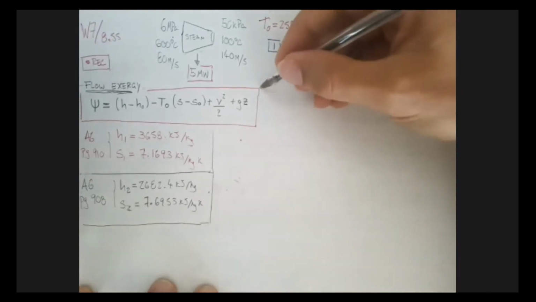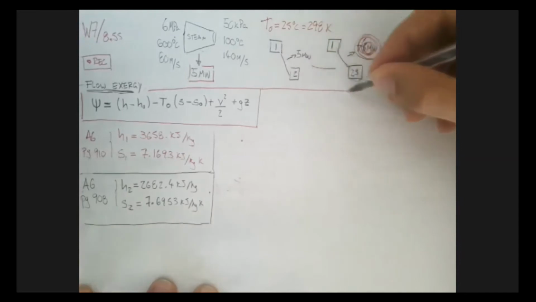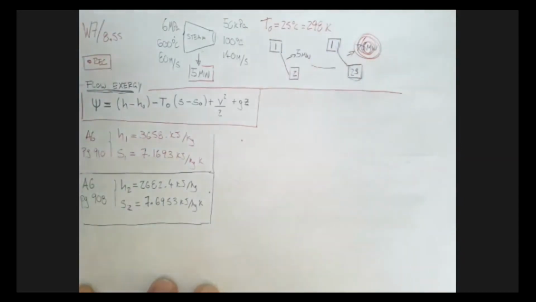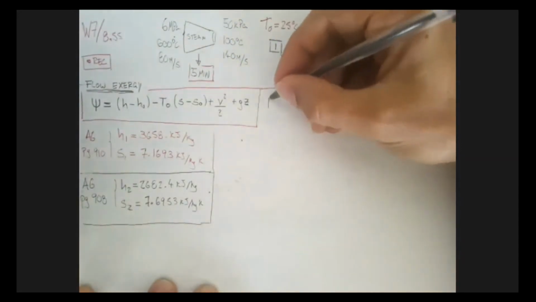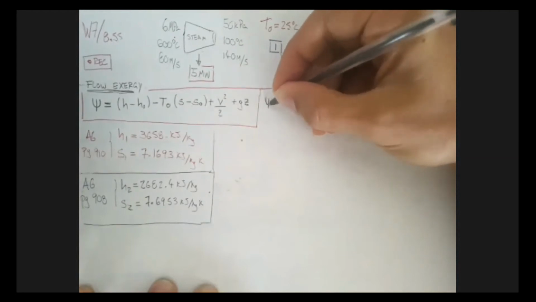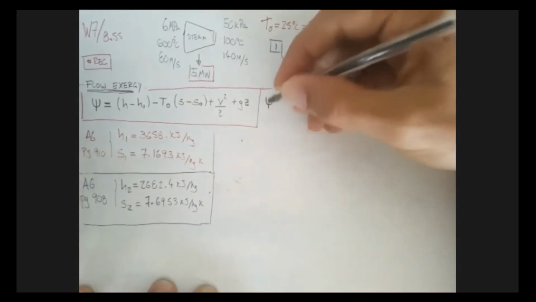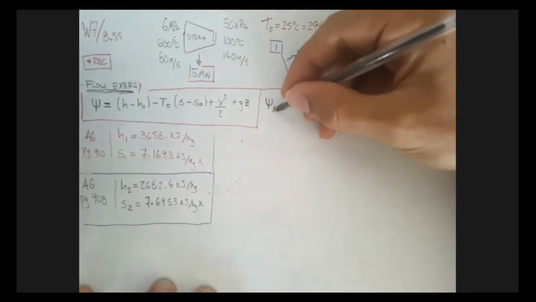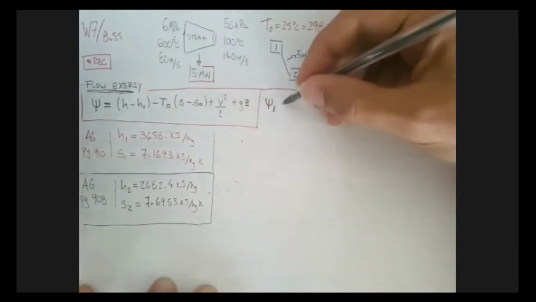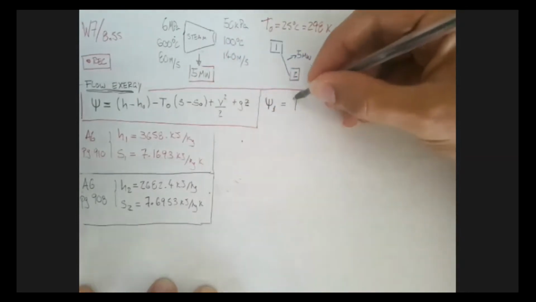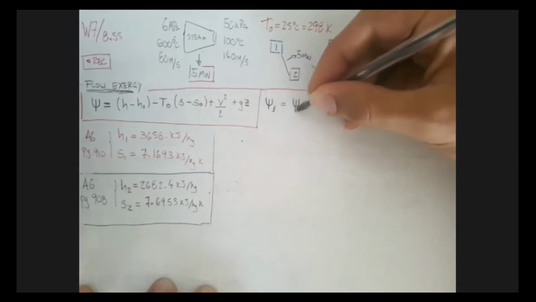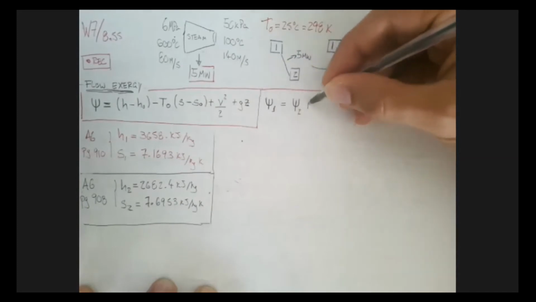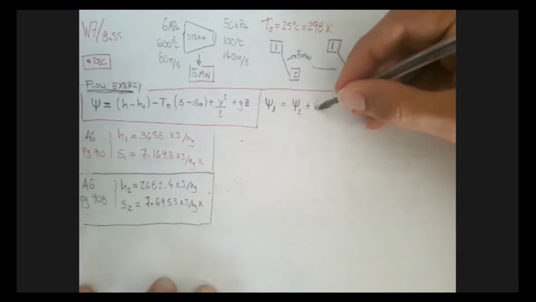Well, let's think about exergy for a moment. Exergy on state 1, that is the availability of energy on my state 1, has to be equal to the availability of energy they have in state 2 plus whatever has been outputted as reversible work.